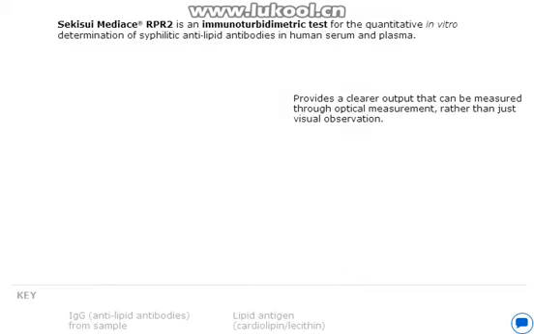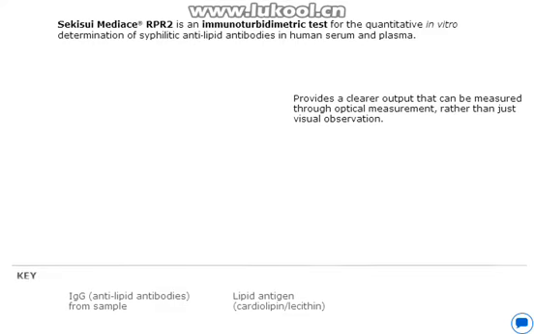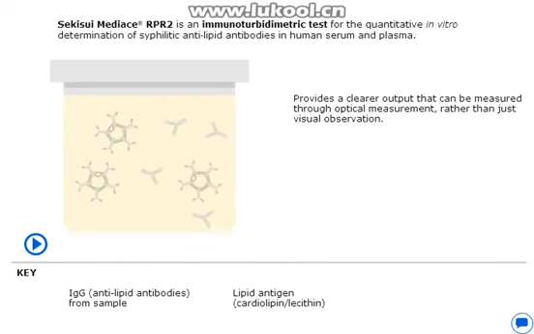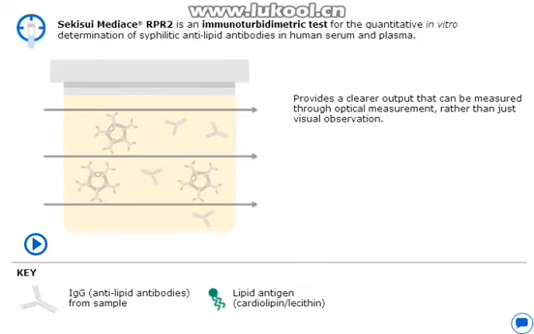Sekisui Medi-ACE RPR2 is an immunoturbidimetric test based on the immunological agglutination test principle using latex as a reaction enhancer. This provides a clearer output that can be measured through optical measurement rather than just visual observation.